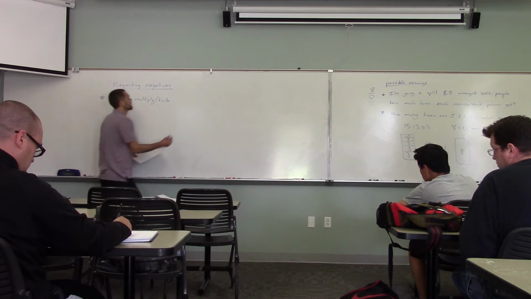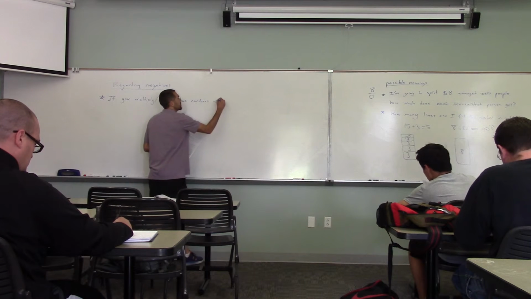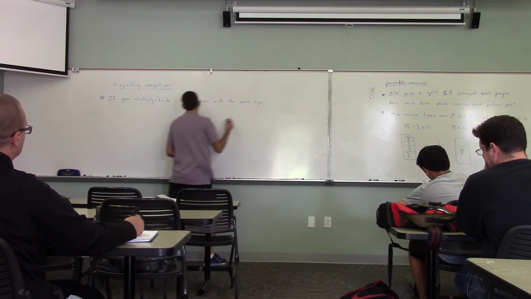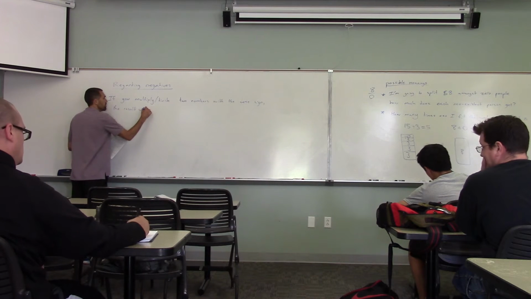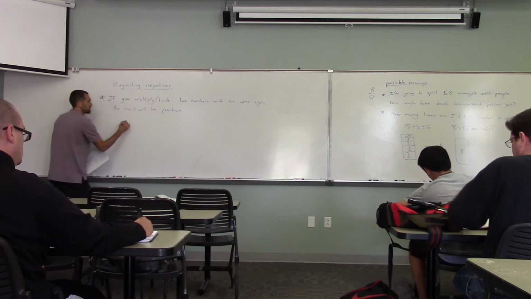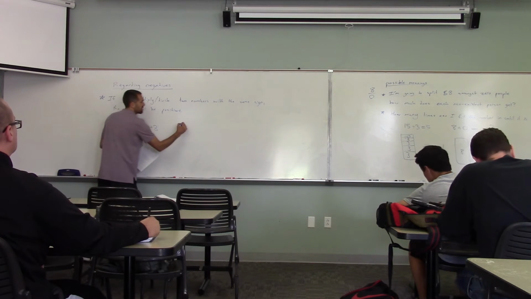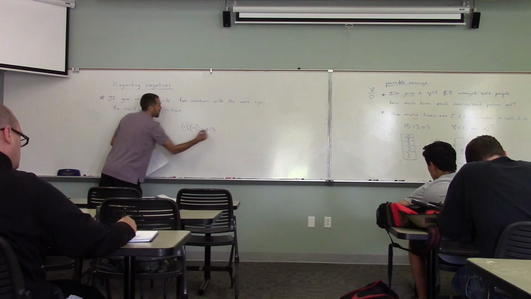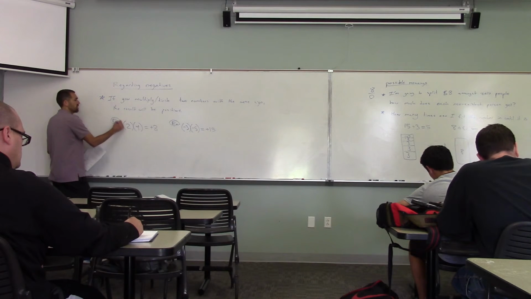If you multiply or divide two numbers with the same sign, the result will be positive. So in other words, 2 times 4 is positive 8. Negative 3 times negative 5 is equal to positive 15. As long as they have the same sign, the result is going to be positive.